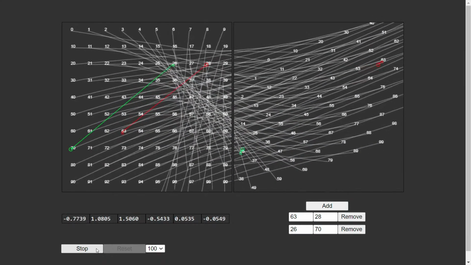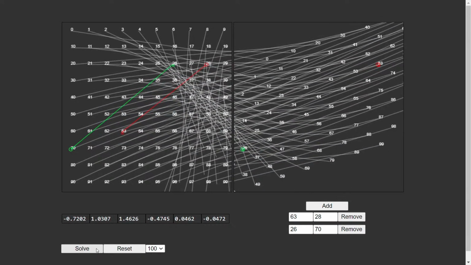But if we look at the solve case, is there anything that looks like... Right, so the thing we saw last time was that there's this line between these two things.